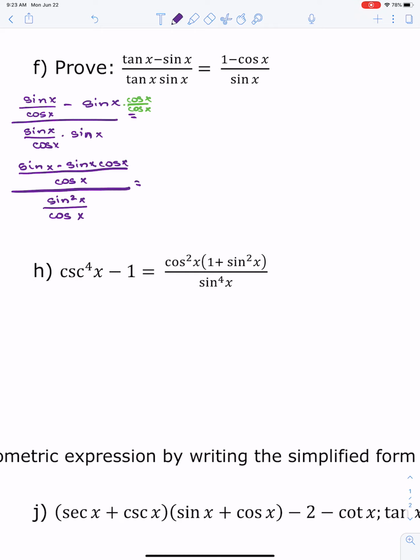So since I'm dividing by sine squared x over cosine x, I can multiply by the reciprocal. I'm going to factor out this sine x from my numerator. That is all over cosine x. I'm going to multiply by the reciprocal of the denominator.